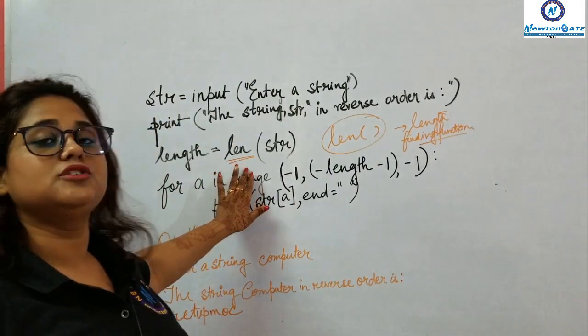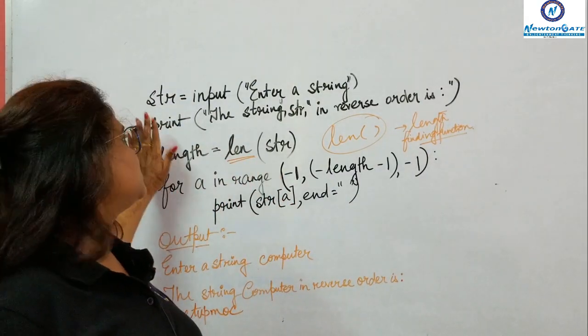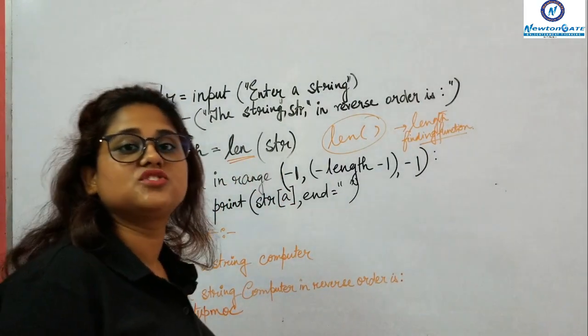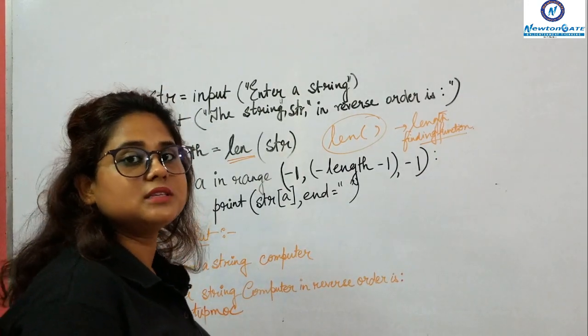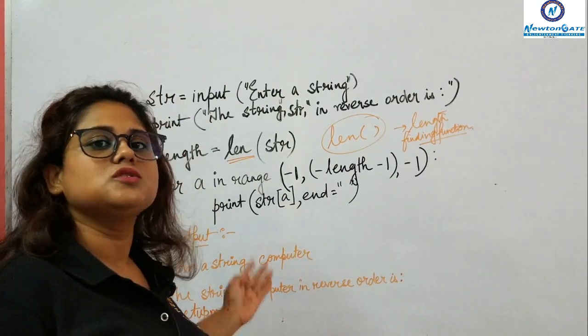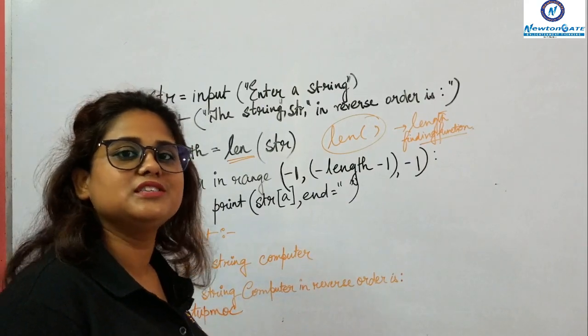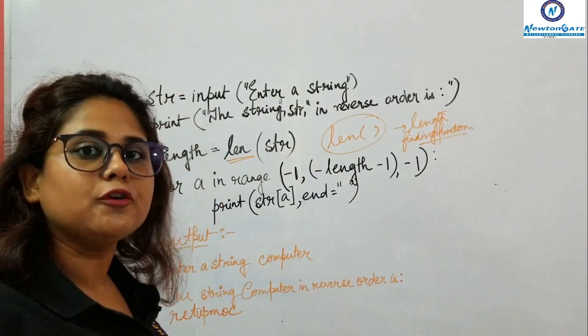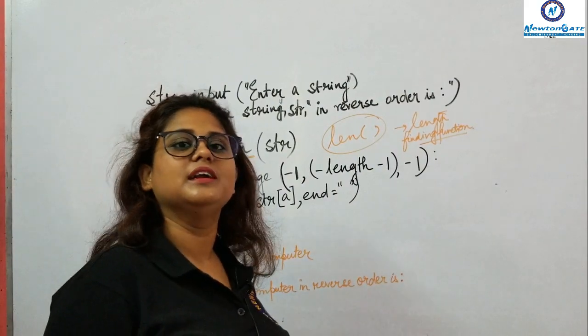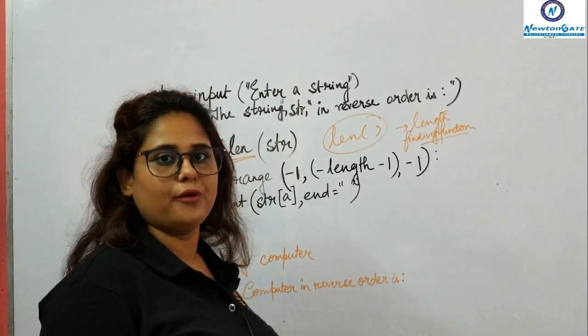This is how we need to find the length of the string. As it's completely a user input string, we do not know what the string is going to be, so we have to find out the length of a particular unknown string in this format.